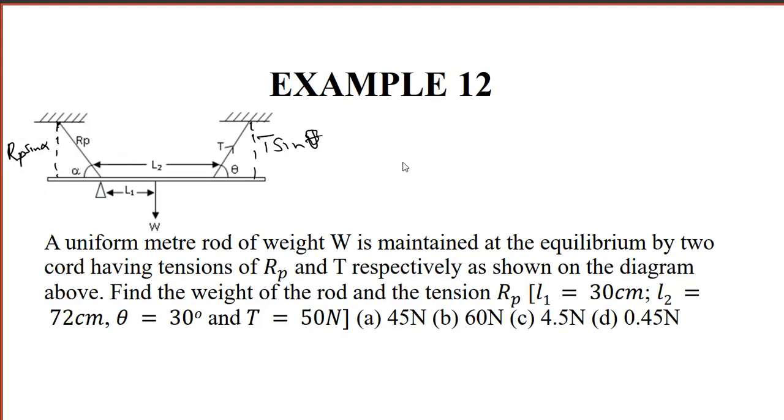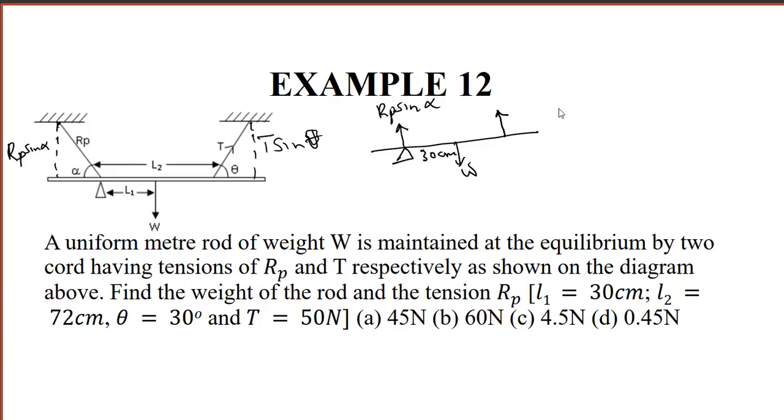Let's redraw the diagram again. We have our weight here, which is W. Now we have our force here, which is RP sine alpha. From this point there was a fulcrum placed here to make life easy. That is L1, and in the diagram L1 is 30 centimeters.